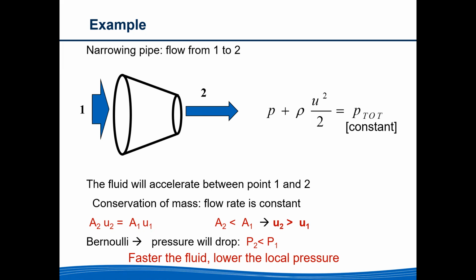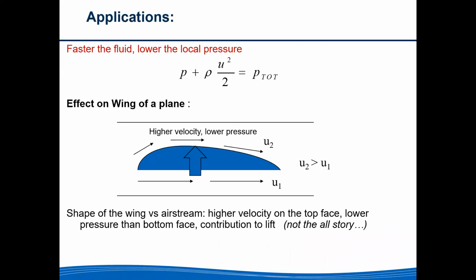Applying these equations and remembering the Bernoulli equation, it means that moving from point 1 to point 2, since U will increase, the pressure at point 2 will be lower than at point 1, okay? Because the faster the fluid, the lower the local pressure. Straightforward.